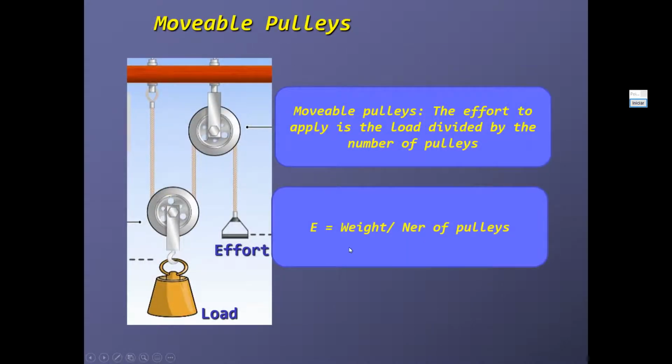So when you have a system with more pulleys, the situation is different because now we have mechanical advantage. We're gonna see how. Imagine you have a weight here, a load. Imagine that you have, let's say, 100 kilos.